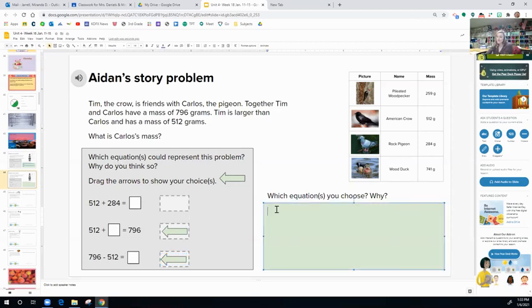So I'm going to click to add text, or you can write this out on your workbook page. It depends on what you have available. So I'm going to pick the last one first. Because I can subtract one mass from the total to find the missing mass.